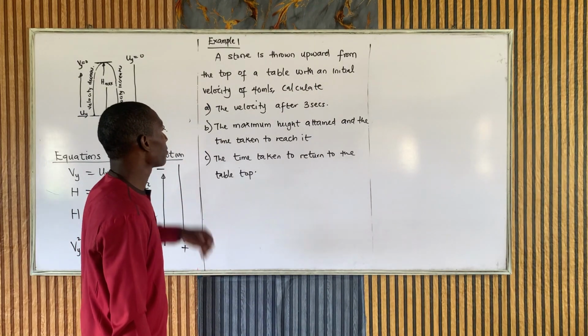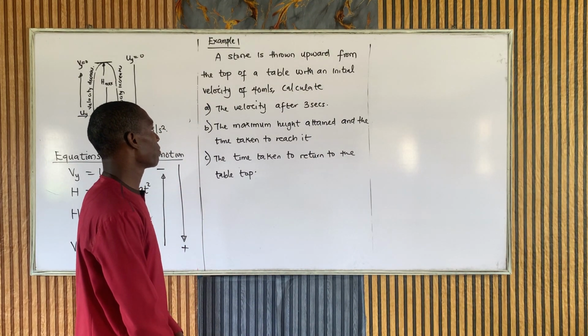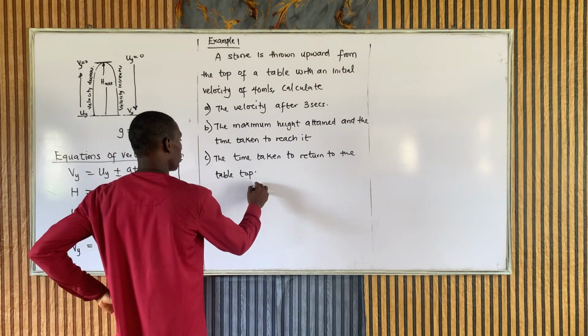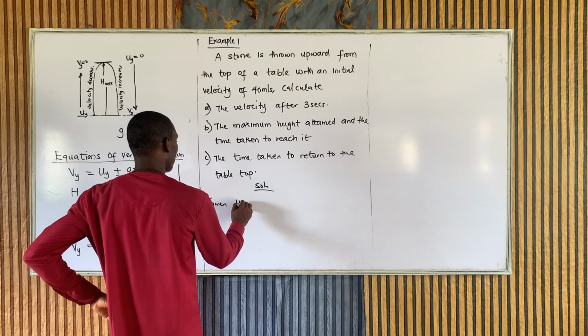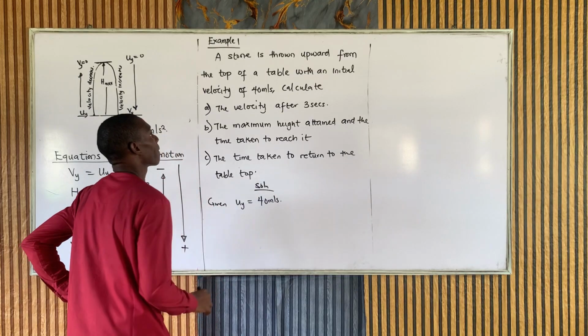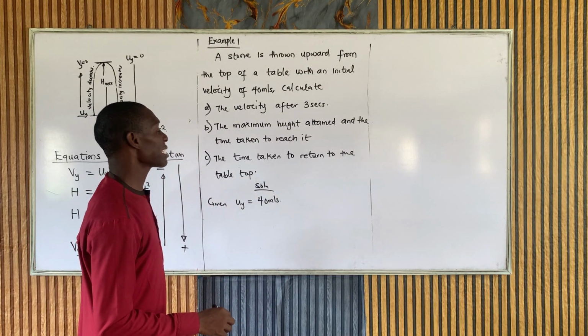Example 1 now. A stone is thrown upward from the top of a table with an initial velocity of 40 meters per second. So solution, we are given that the initial velocity when it was thrown upward was 40 meters per second. Calculate A, the velocity after 3 seconds.